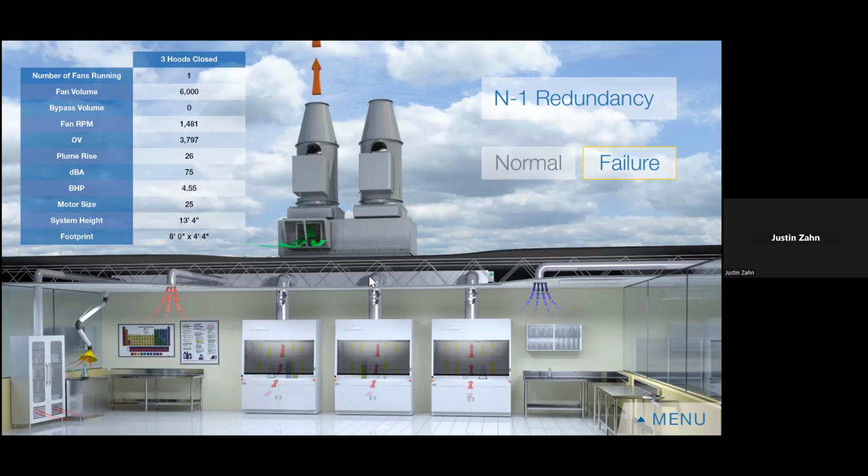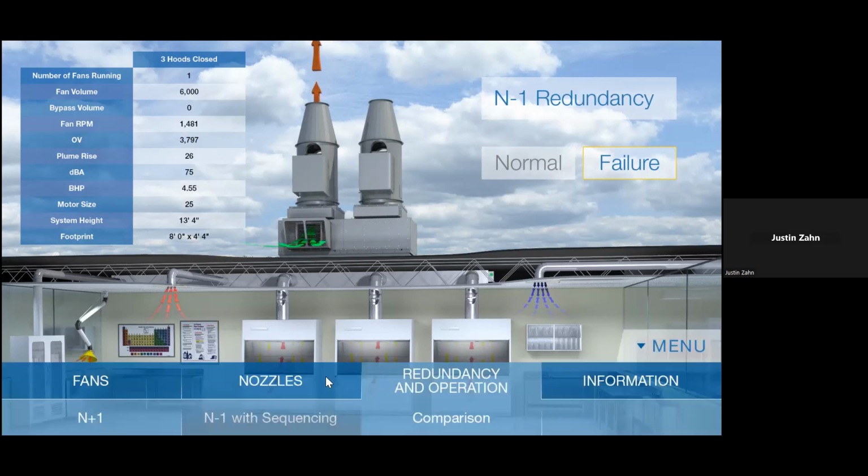So if one fan then fails, you now have a fan pushing 100% of that CFM up through a much smaller diameter nozzle, which in turn requires more brake horsepower. But having these fans at 50%, we call it a hot standby type of option. So depending on where these fans are going, having that hot standby option where the fans are ready at 50%, it ramps up much quicker to 100% compared to N+1, where you have that one fan that's completely shut off. So that is mainly what I wanted to get through.